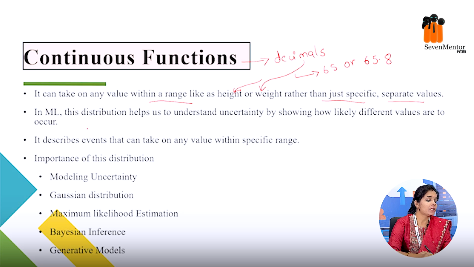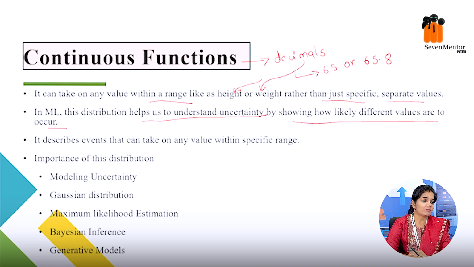In ML, this continuous distribution plays a very important role in understanding uncertainty by showing how likely different values are to occur.